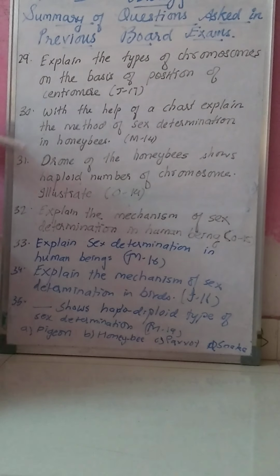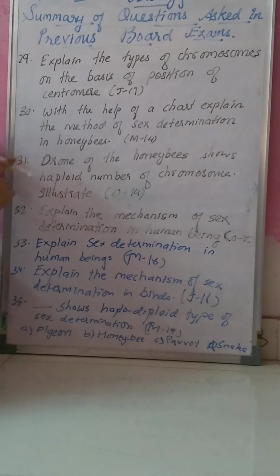Then question number 31: the drone of the honeybee shows haploid number of chromosomes. Illustrate means explain. That was asked in October 2014. Now see, in the previous question you have to explain worker, queen as well as drone, all three of them.